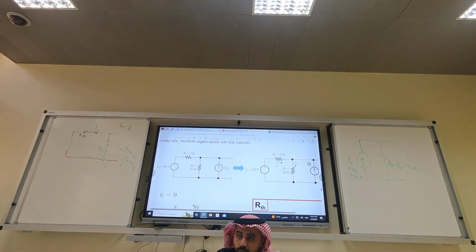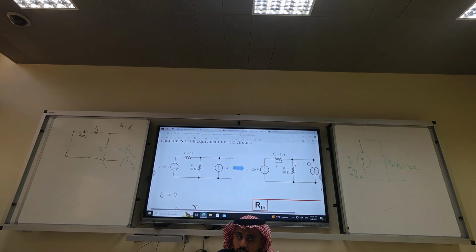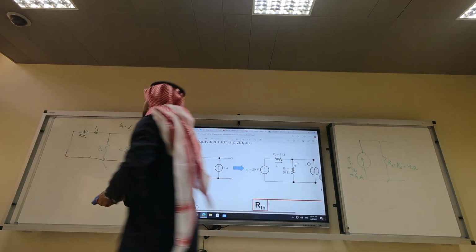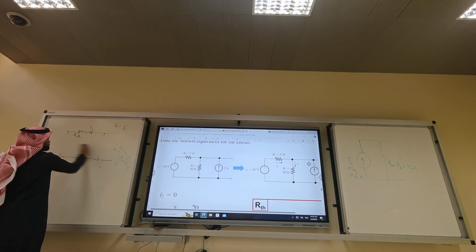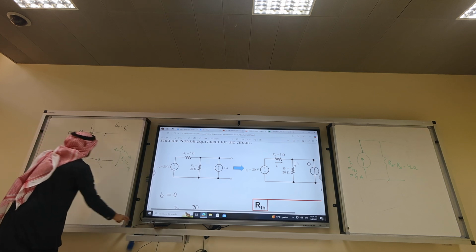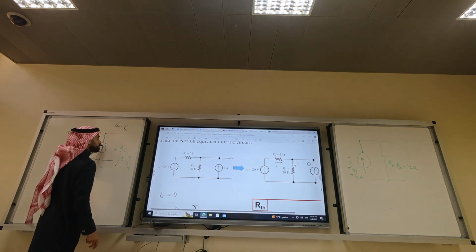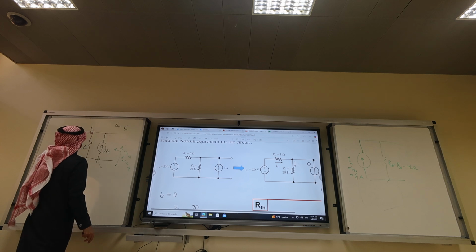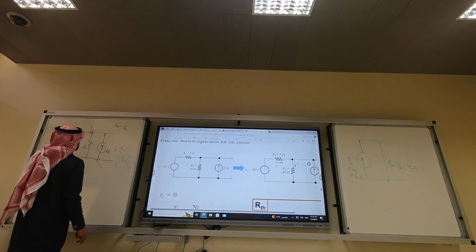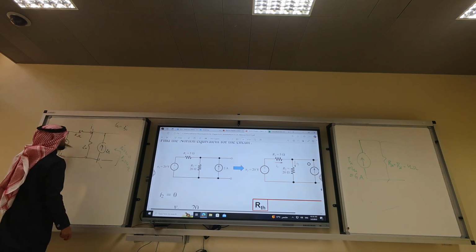We will do it that way, to see if you find R Thevenin first or not. What's the second step to find Norton current? Short circuit your spaghetti. What is our spaghetti? It's the original circuit, right? That's the original circuit. Current source, 20 volt source, 20 volts.